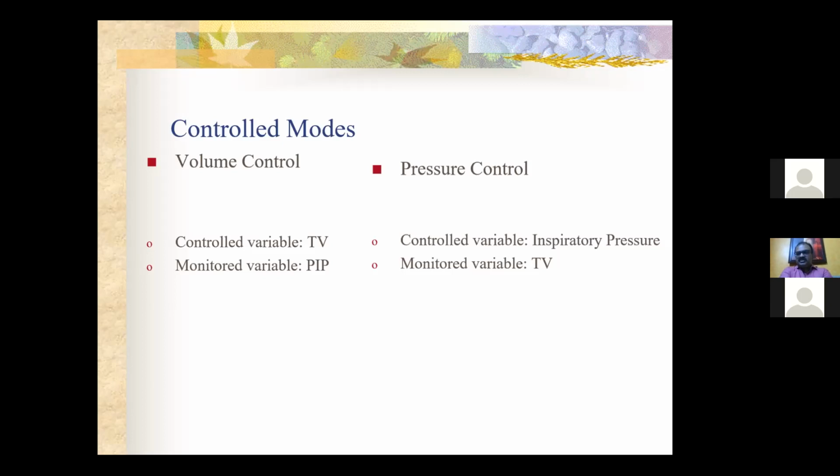Then in a pressure control mode, we are actually setting the inspiratory pressure, how much pressure you are going to get. Depending on the pressure change, there will be a change in tidal volume also. When there is a bronchospasm, you'll be setting a pressure, let us take 18 centimeters of water, and it delivers a tidal volume of around 380 or something like that.